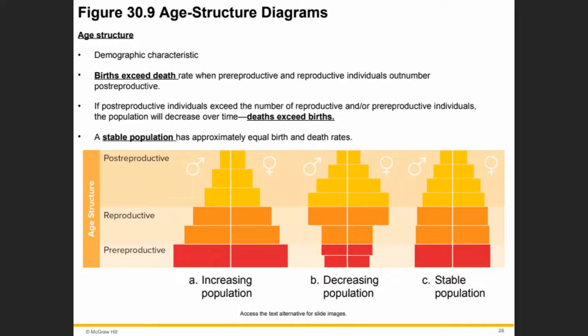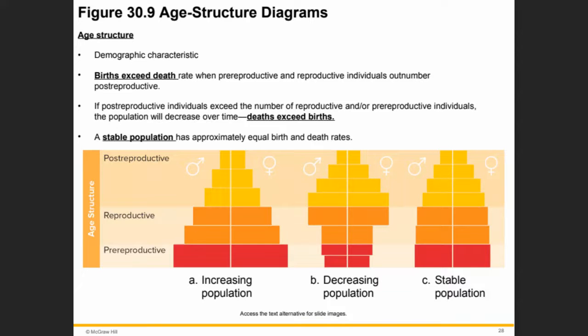As you can see over here, the increase in population shows that the pre-reproductive and reproductive individuals outnumber the post-reproductive individuals.